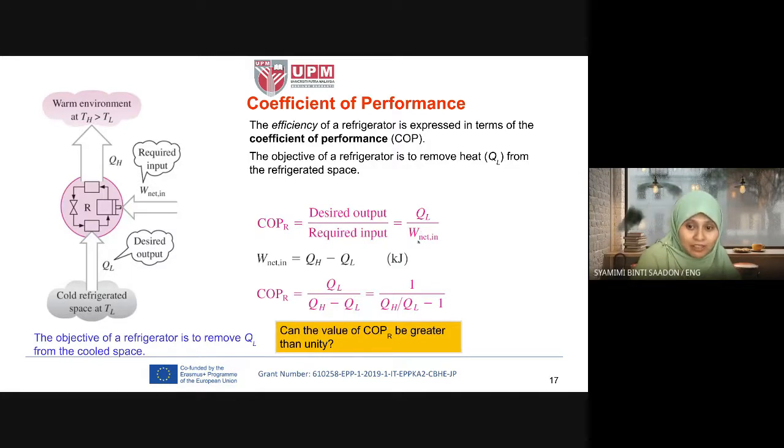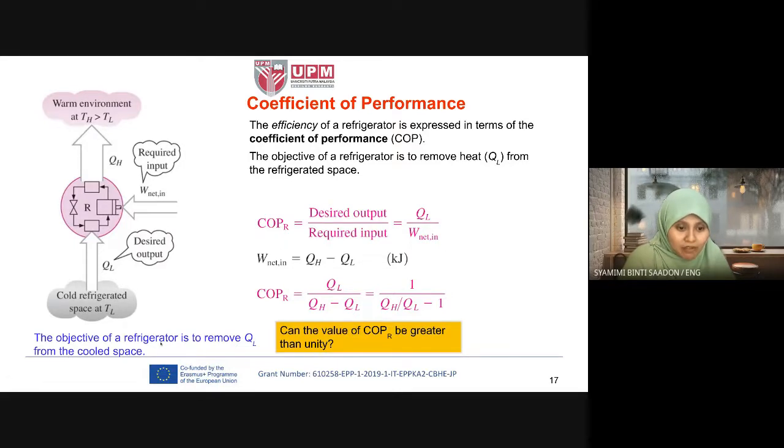The required input is the net power input that we need to give to run the refrigerator, the electricity. We can also write net power input as QH minus QL, so we can calculate the coefficient of performance this way or in this way.